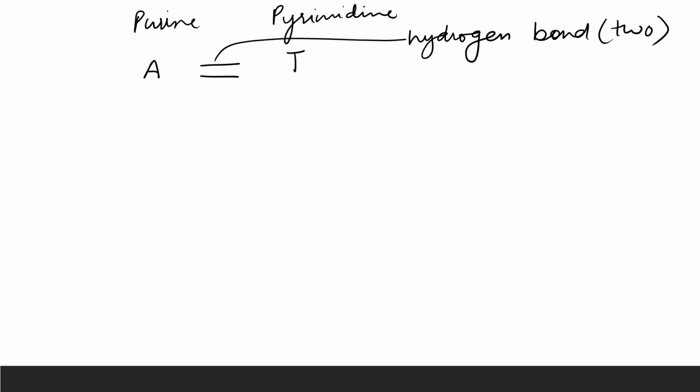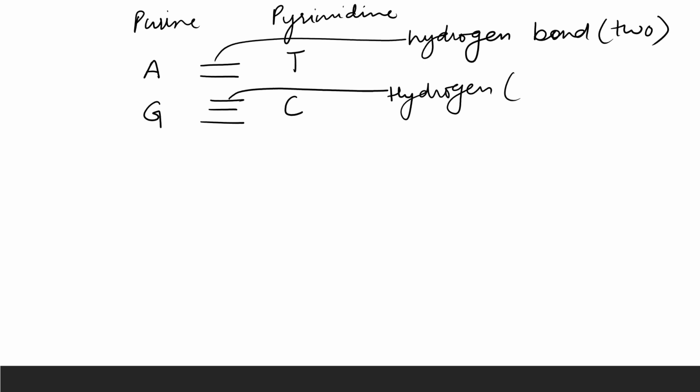So next, we have guanine, and guanine will always bond with cytosine, and the bond between guanine and cytosine is again a hydrogen bond, and we call it H bond, right? And it will make three bonds, right? Guanine will make three bonds with cytosine.